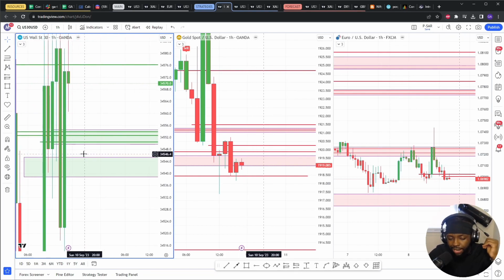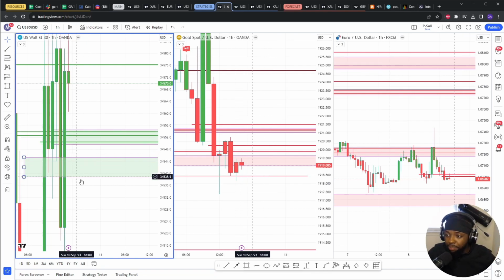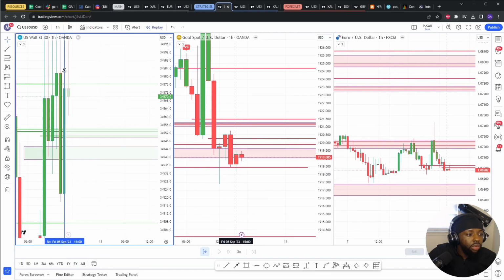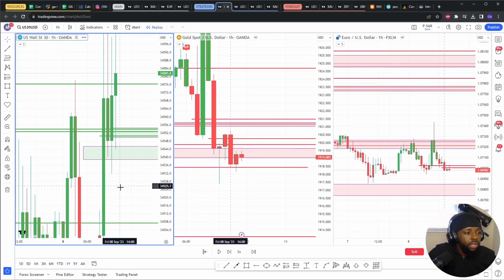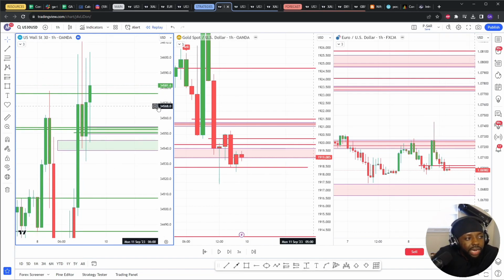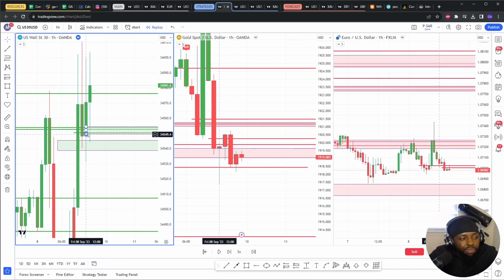Now, if it's a buy and my zones are above price, so let's go ahead and replay this real quick right here. Now, in this particular case, this is an hourly candle. Now, what I would have been looking at here is price reaction around this zone.